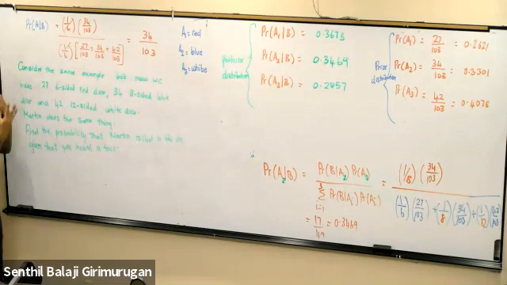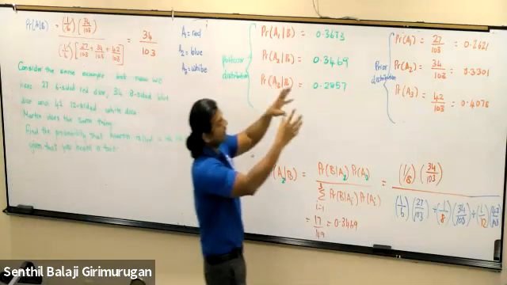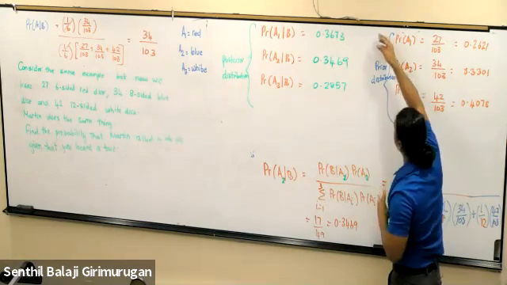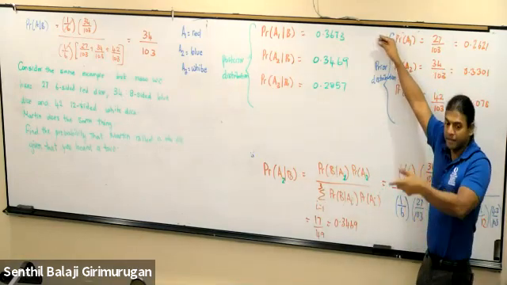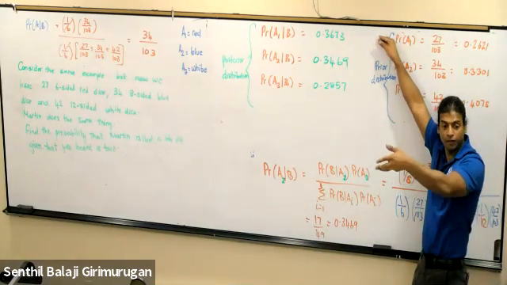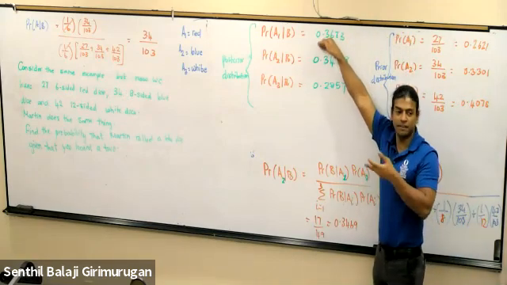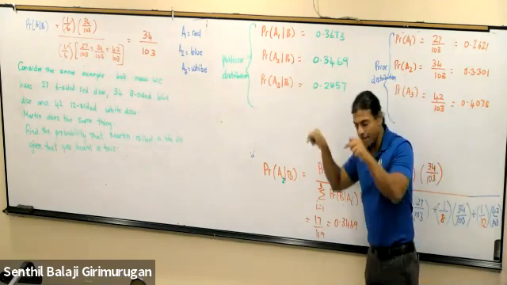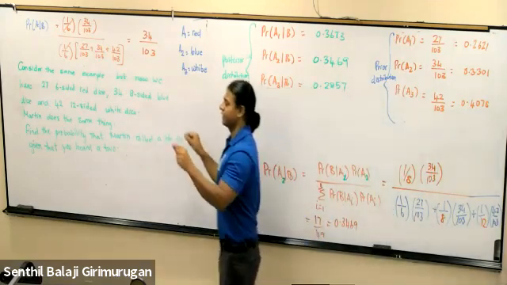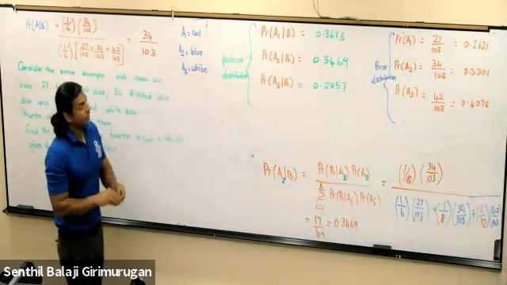So earlier I wrote the posterior is proportional to the product of likelihood and prior. So this prior distribution gets multiplied by the likelihood of getting a 2 in each of those 3 cases, and it changes the probabilities.